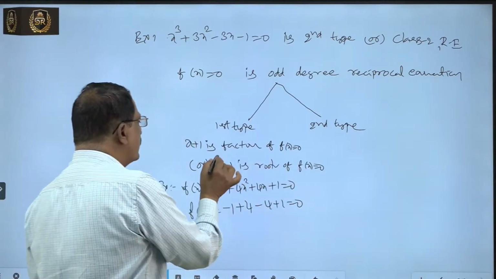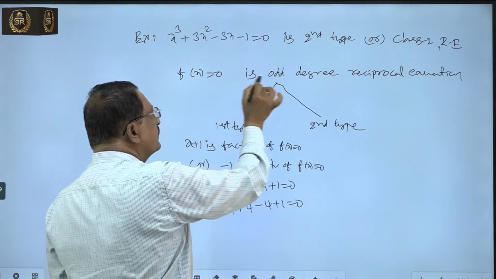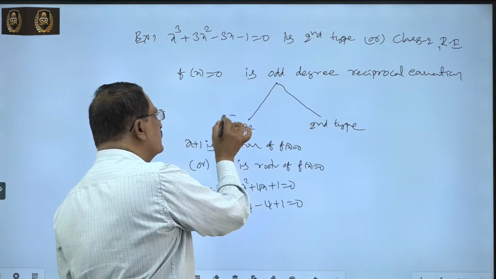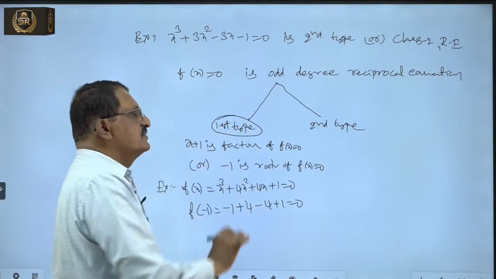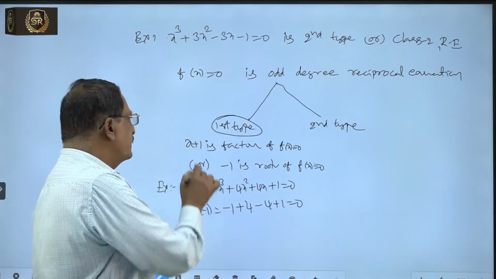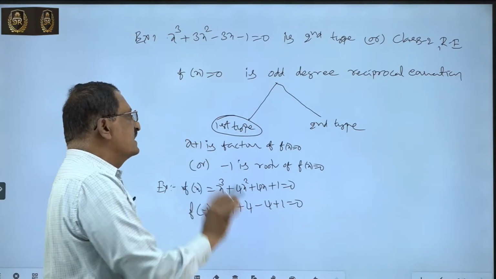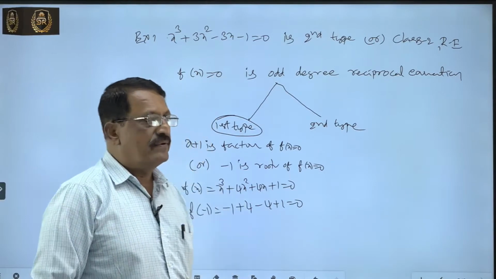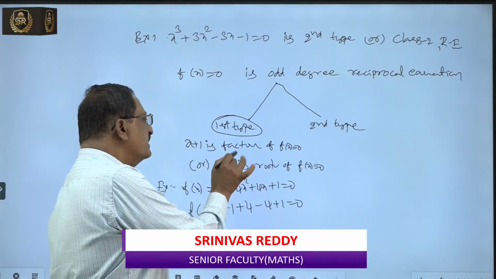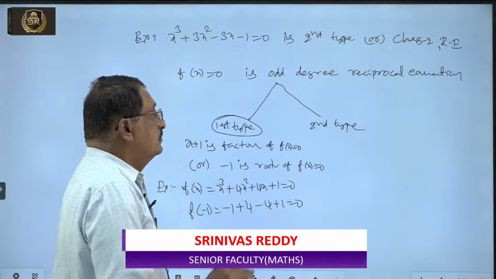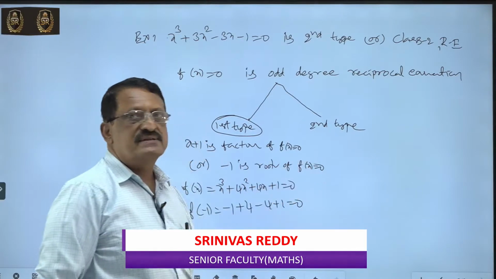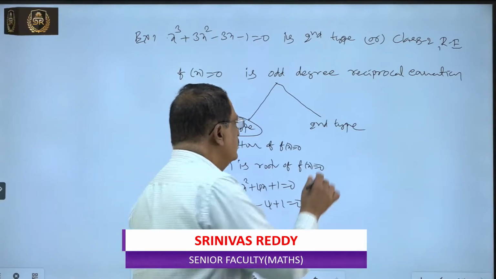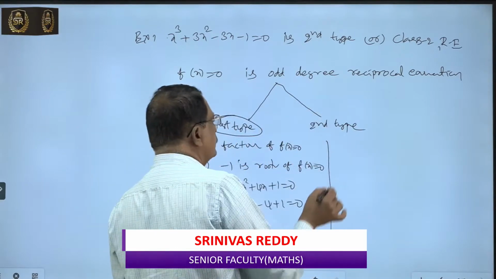Therefore, if f of x equals 0 is an odd degree reciprocal equation of first type, then always x plus 1 is a factor of f of x equals 0, and minus 1 is always one root of the reciprocal equation.